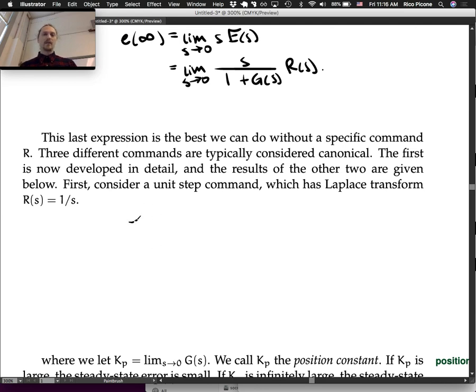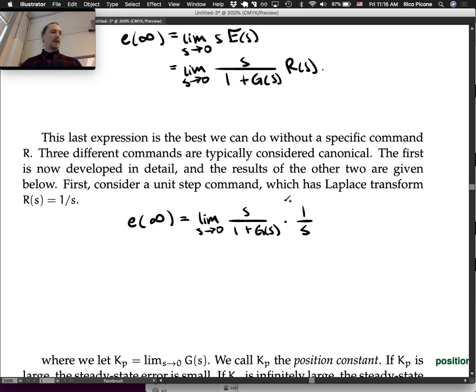We say e of infinity, our steady state error, is equal to the limit as s goes to 0 of s over 1 plus g of s times r of s, which for a unit step function is 1 over s.